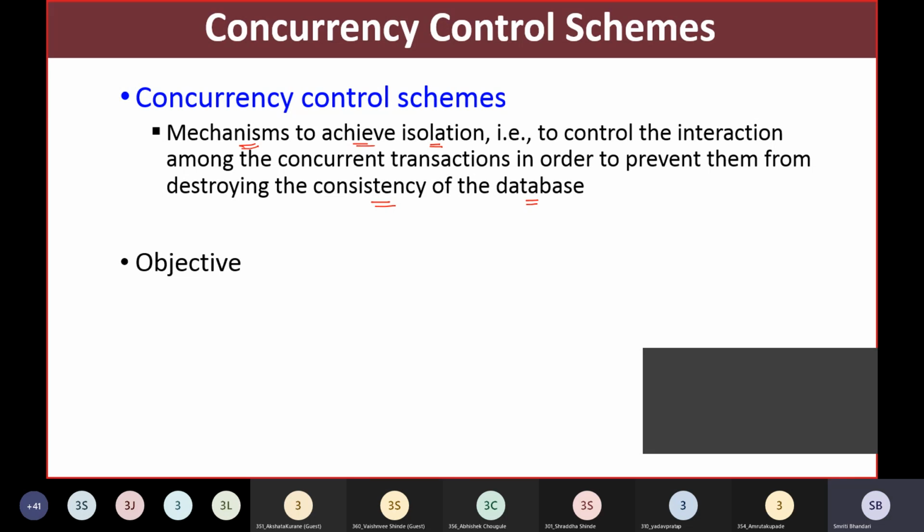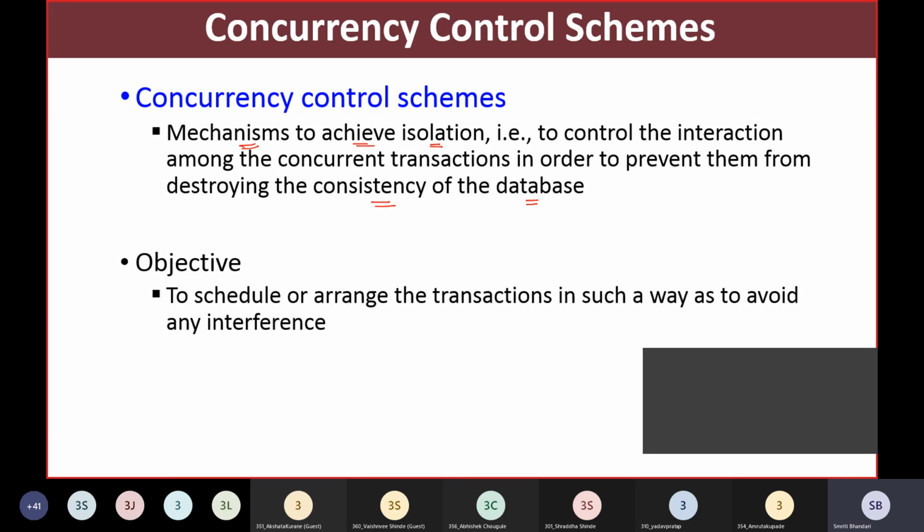So let us see now what the objectives of the concurrency control schemes are. The first objective of a concurrency control scheme is to schedule or arrange the transactions in such a way as to avoid any interference. No doubt, we are going to allow concurrent execution of transactions.